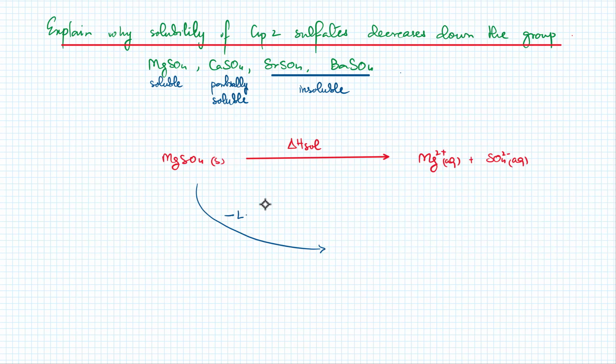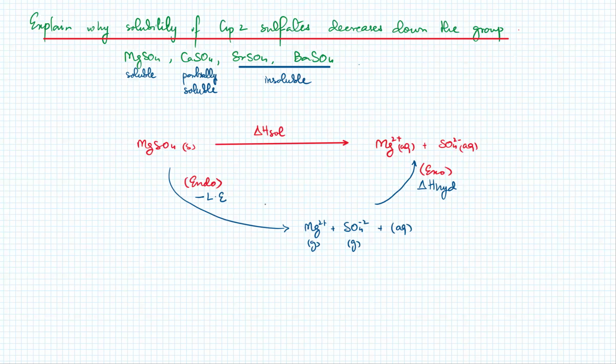So this is your enthalpy change of hydration. The first part is endothermic, you're breaking the lattice, and the next part is exothermic because you're forming bonds with water molecules. So we need to explain what happens down the group.